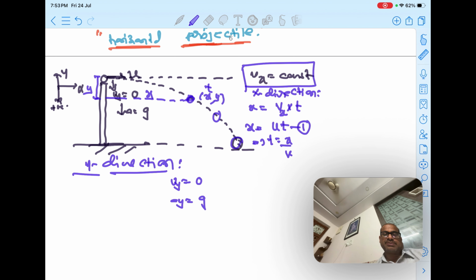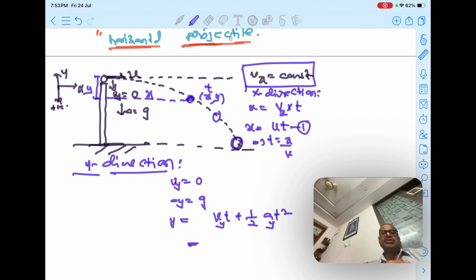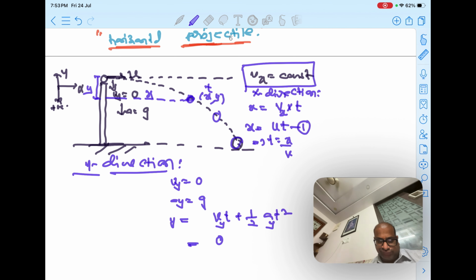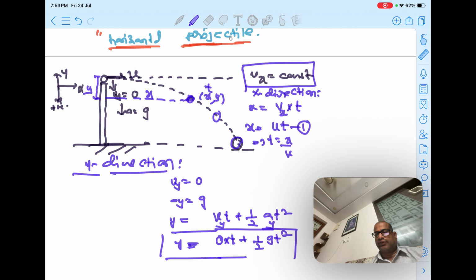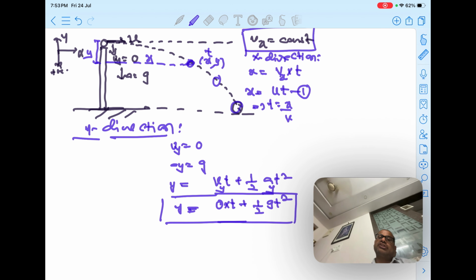The formula, as acceleration is constant, is y is equal to ut plus half a t square. In the y direction initial velocity is 0, so y is equal to 0 into t plus half g t square. This is y after t seconds.